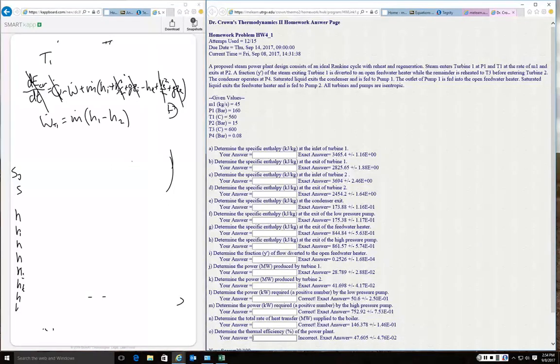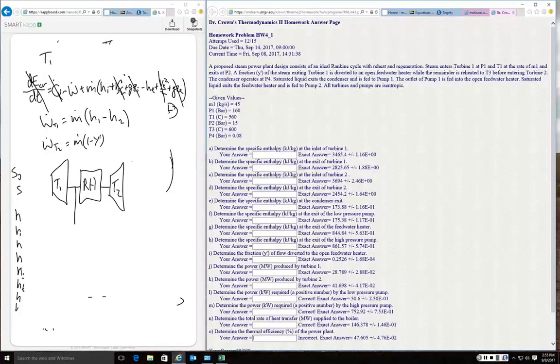Now for turbine 2, remember we had some fraction y prime that was taken off, so we don't have all the flow going through turbine 2. We've got m dot, but a fraction of that was taken off, so we're left with 1 minus y prime. If we resketch the turbine, here's turbine 1, we had some that was diverted, and the rest goes through the reheat and into turbine 2.